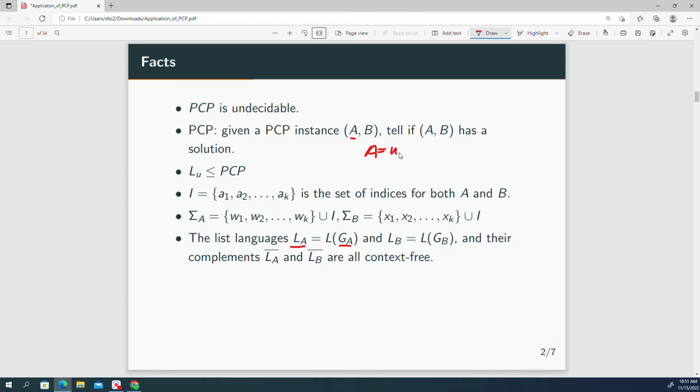It's W1, W2, all the way to WK. That's the list A, and the list B is X1, X2, all the way to XK. WI, XI is the i-th pair in the PCP instance A, B. WI's are strings and XI's are strings as well.